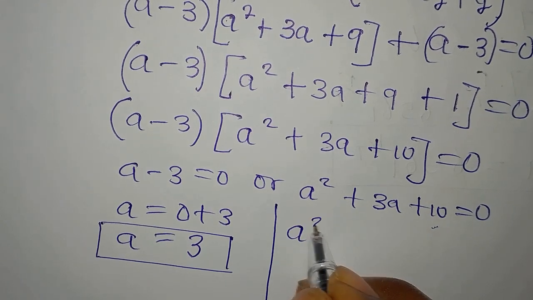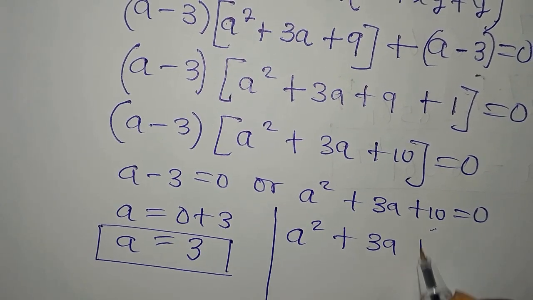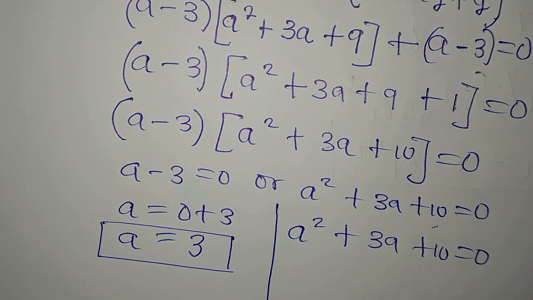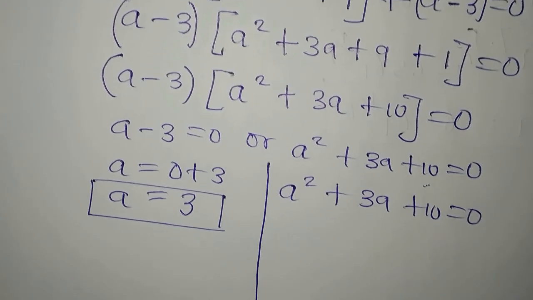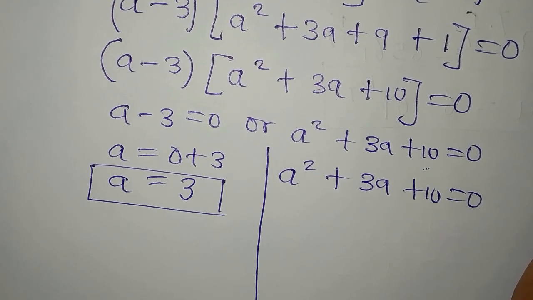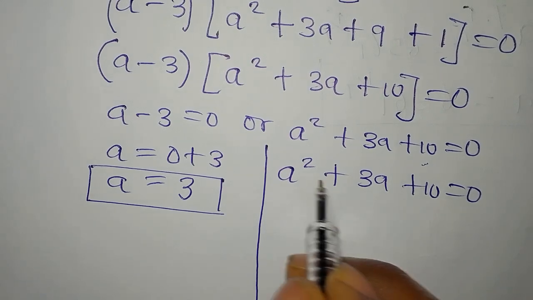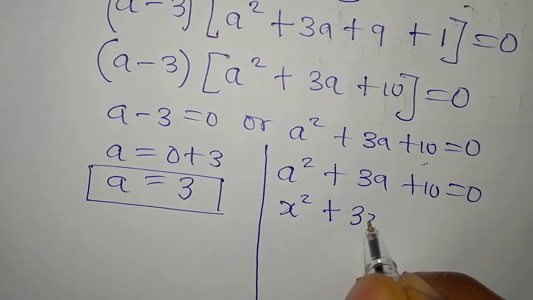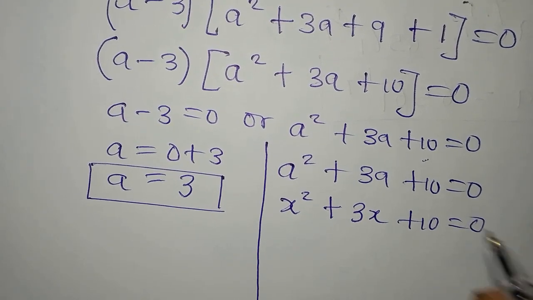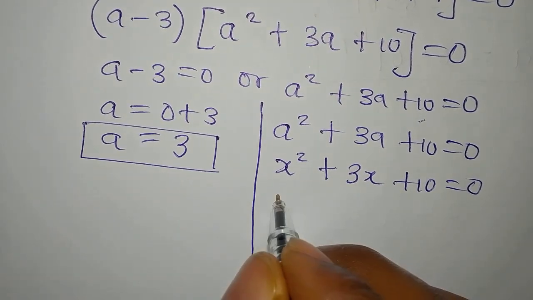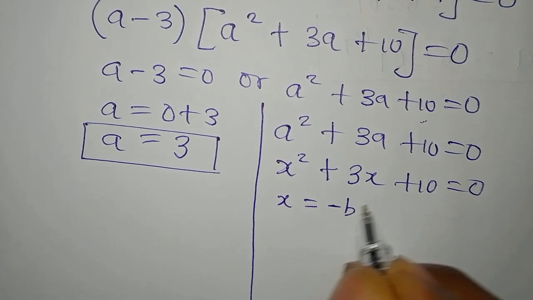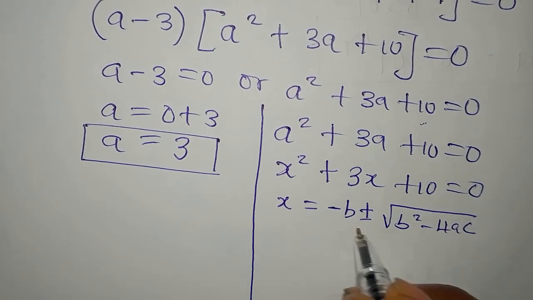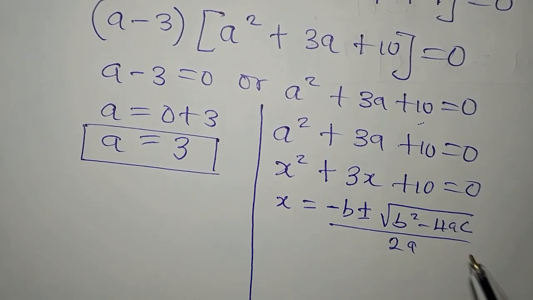Now, this is a squared plus 3a plus 10 equals 0. Now, the formula that we are going to use has x as the variable, right? So let me change this equation to x squared plus 3x plus 10 equals 0. And the formula is x equals negative b plus or minus square root of b squared minus 4ac, everything over 2a.